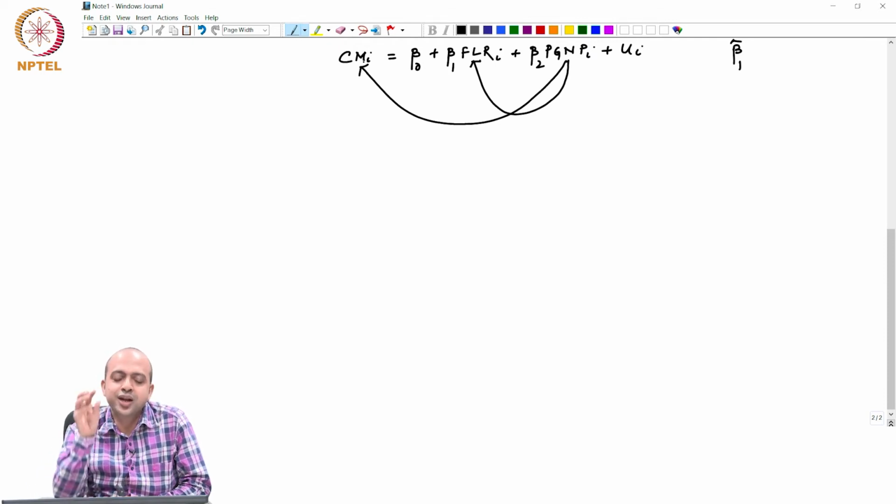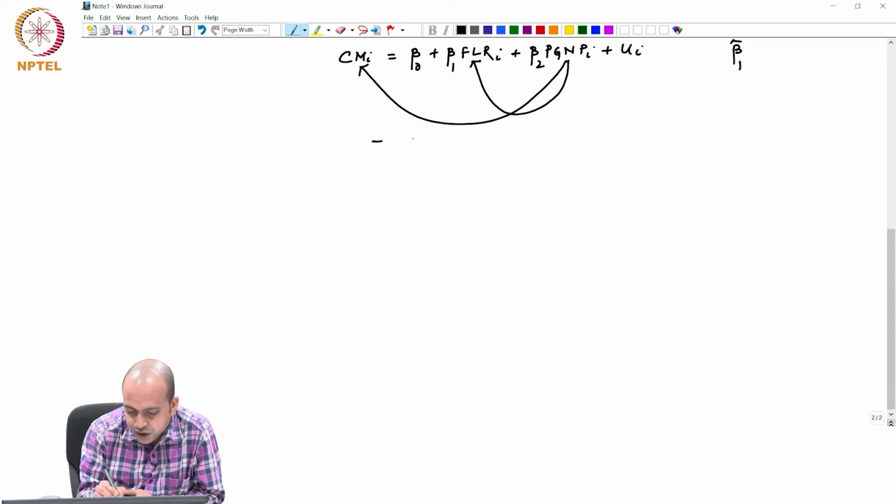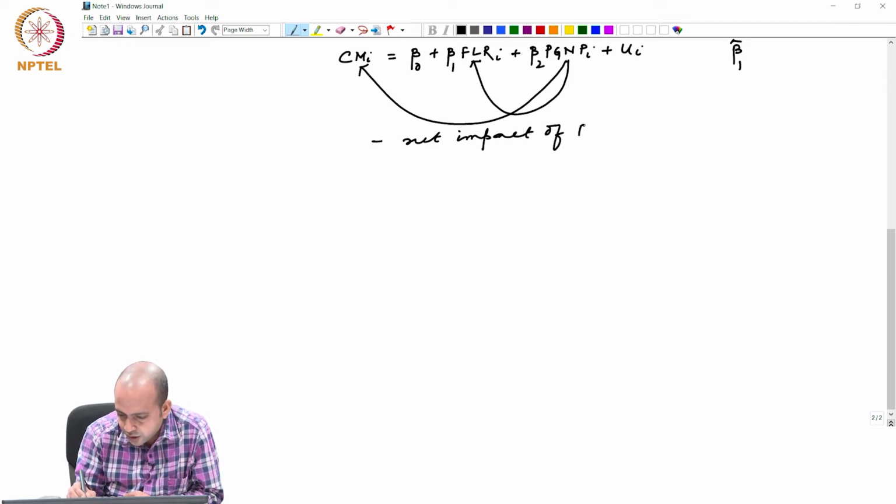We want to get the net impact of FLR on CM. What is our objective? Objective is to get the net impact of FLR on CM. That is our objective.